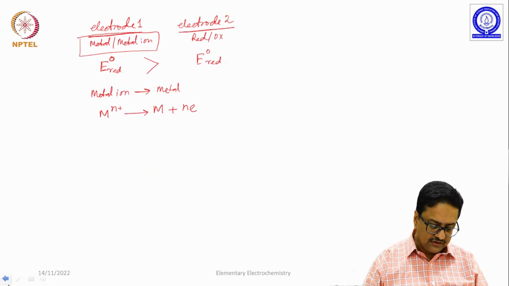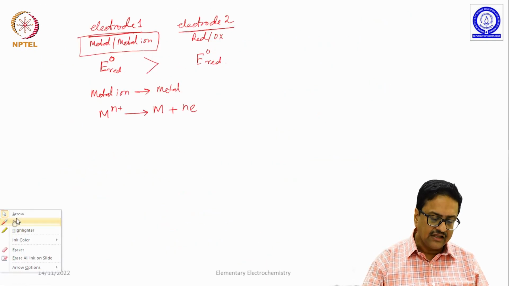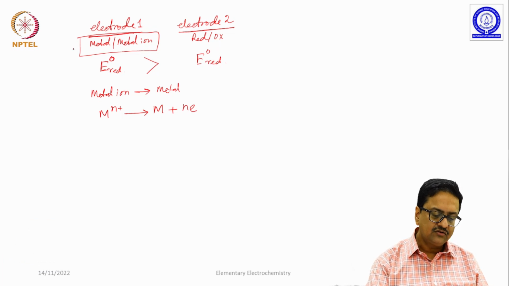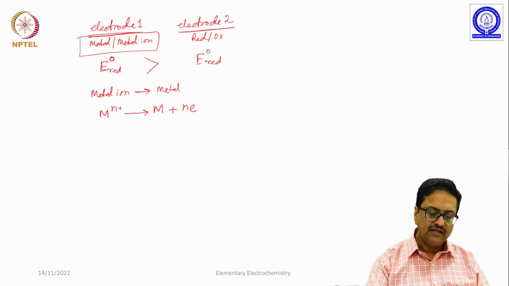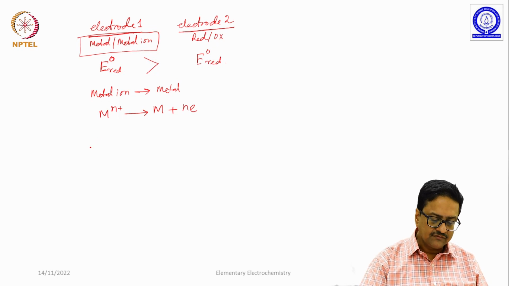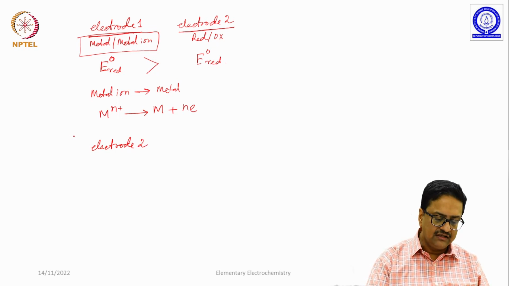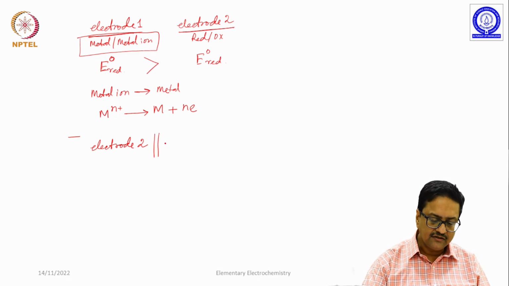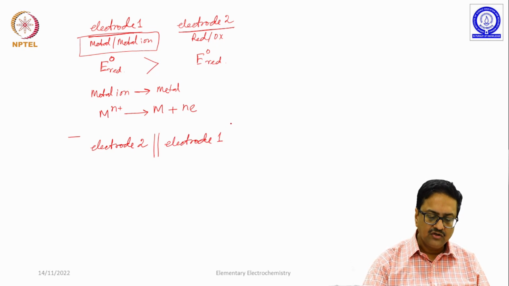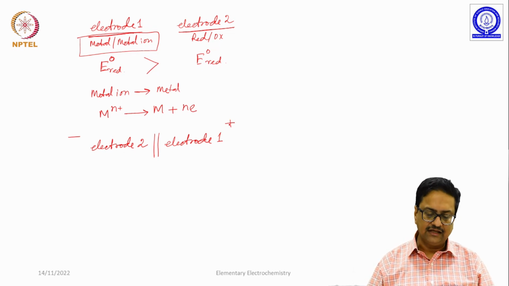So if we encounter a situation like this, where electrode 1 has higher reduction potential compared to electrode 2, then the corresponding cell that one has to form should have electrode 2 on the left hand side, which will then be the anode. It will be connected to electrode 1, which will serve as the cathode.